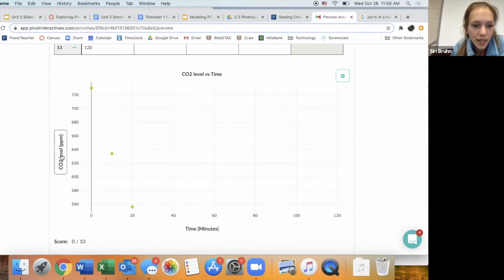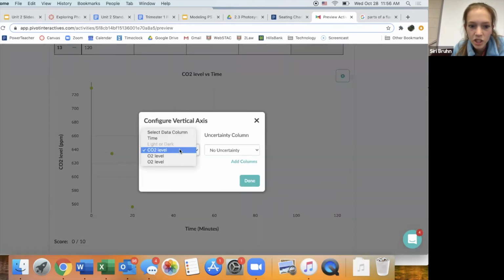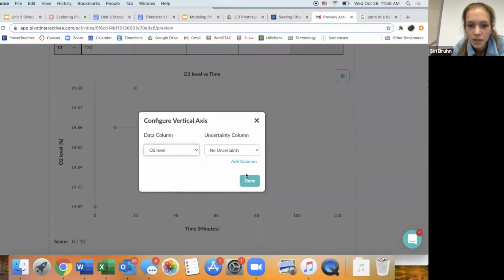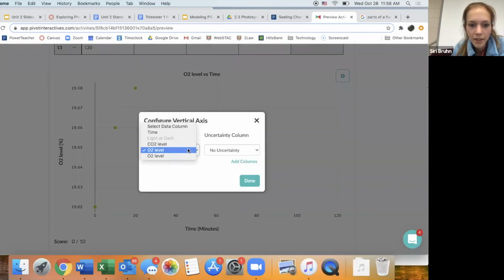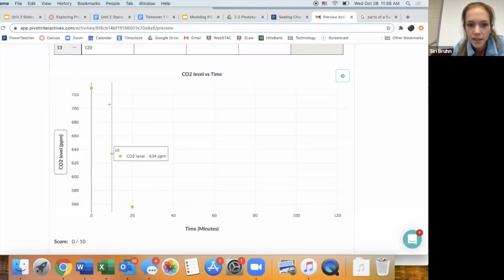So notice that you can click on the left here on the axis title to change which gas you look at. So now I'm looking at oxygen level versus time, and oxygen goes up. But I look at carbon dioxide, and that goes down. So notice that you can change that.